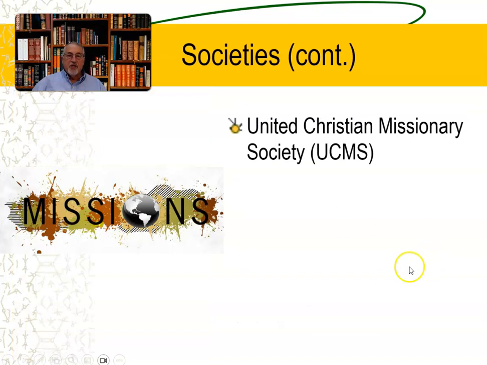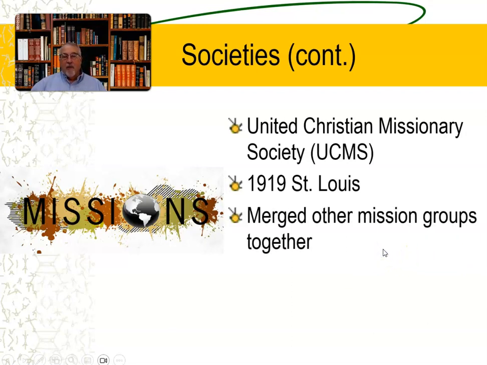So we'll see that mission societies, such as the United Christian Missionary Society, the UCMS, which gets organized in 1919 in St. Louis, will bring together a lot of these other mission groups.